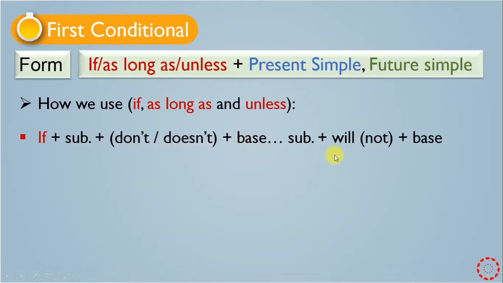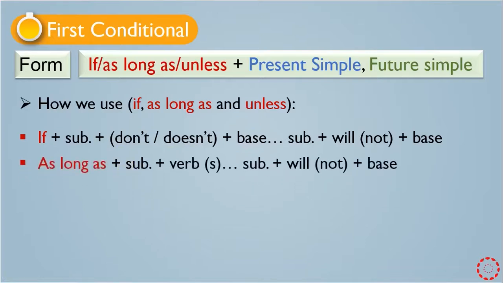The second sentence, as we said, is future simple. We have subject, and then we have will, and then we may have won't, I mean the negative form, and then we have base. So with if, we may have the present simple sentence, and the future simple can be the positive or the negative form.